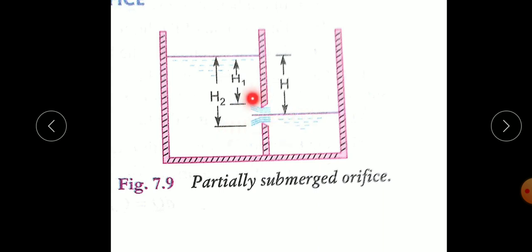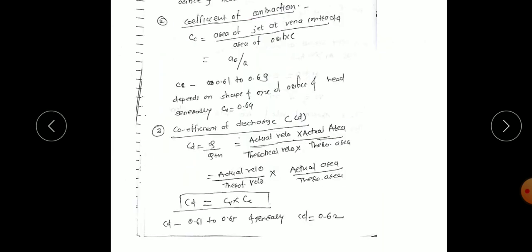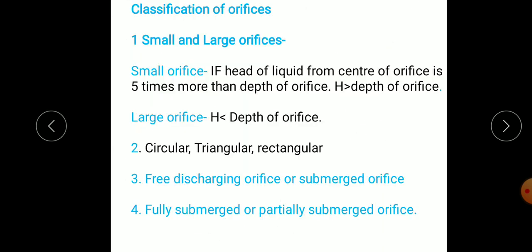We can consider an orifice where the bottom half is submerged into the liquid and the upper part is open to the atmosphere. This type of orifice is called a partially submerged orifice. These are the classifications of orifices.